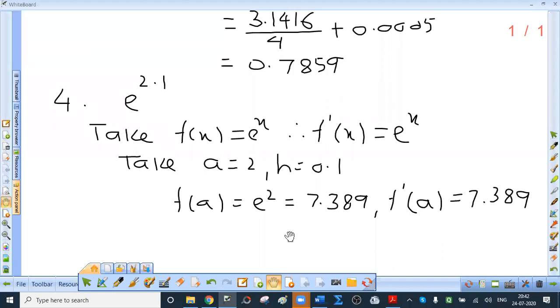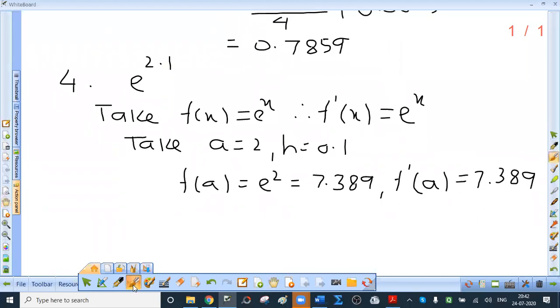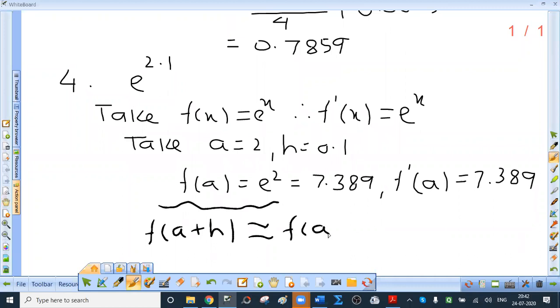What is f dash of a? Same, e square. Then you have to mention the formula for approximation. We have to actually write this by using formula for approximation. F of a plus h. What is that formula? It is approximately equal to fa plus h f dash of a.